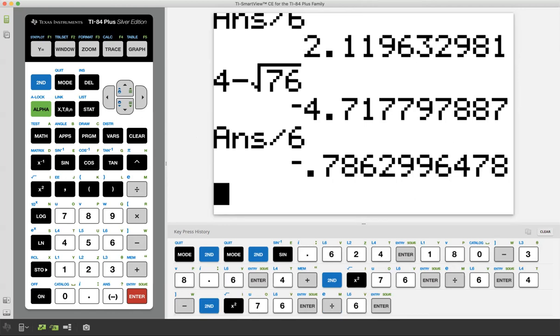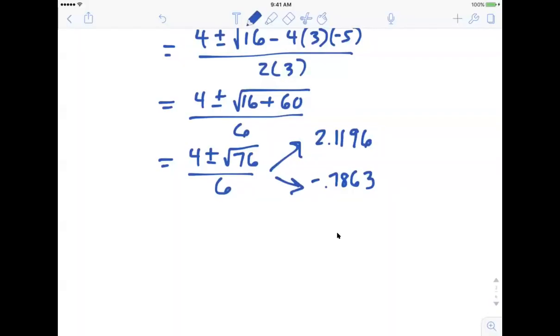So now, remember what we had, or what equals that is sine theta, right? So we have two things. We have sine theta equals 2.1196, or we have sine theta equal the other one, negative 0.7863, okay?